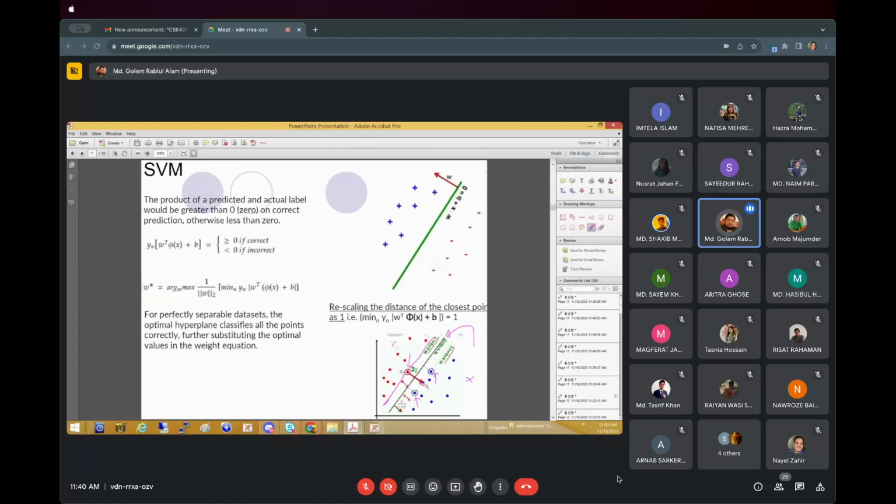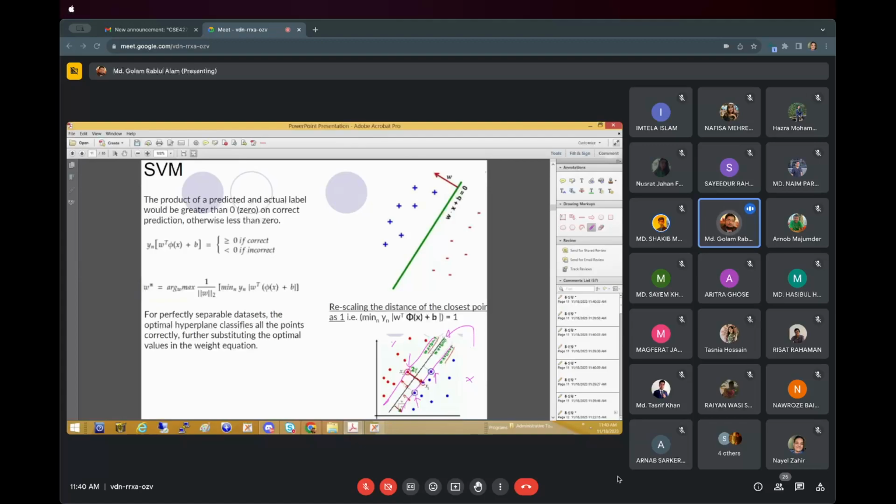This is the negative side, and it will pass through the negative support vector. Similarly, we can think about the positive gutter. This positive gutter will pass through the positive point, and w transpose x plus b equal +1 in that case.